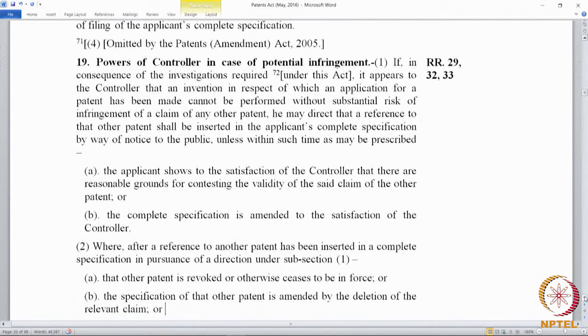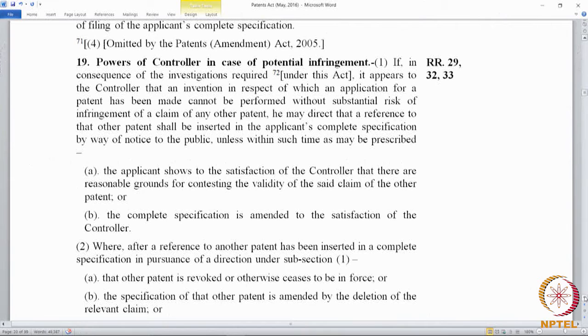If you do not want a reference of somebody else's patent in your patent, then what you will do is demonstrate or satisfy the controller saying that there are issues of validity on that patent. So, do not add that reference, it is a matter of time that will be challenged, or you can amend the specification.